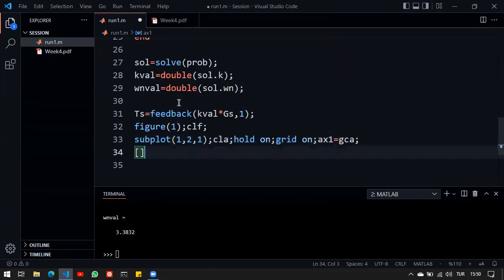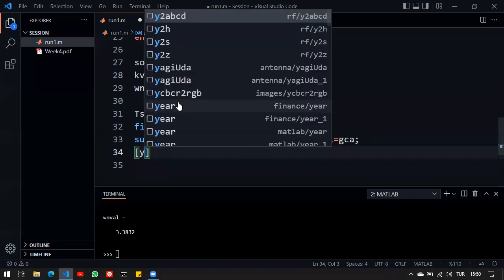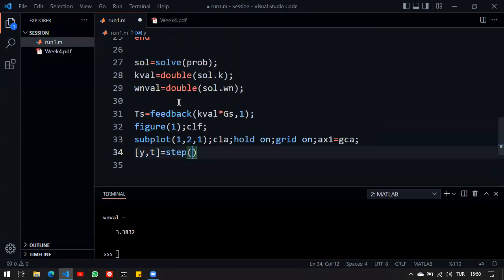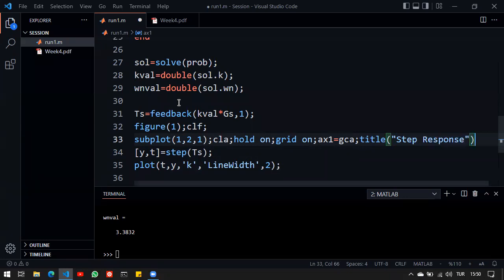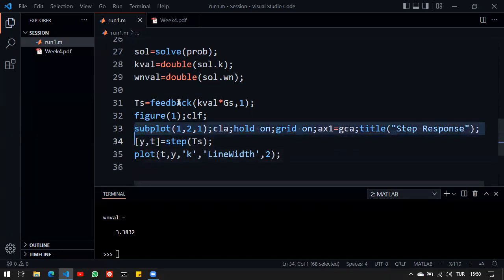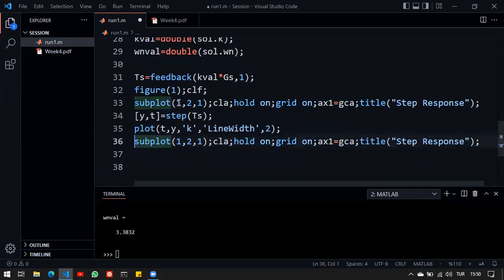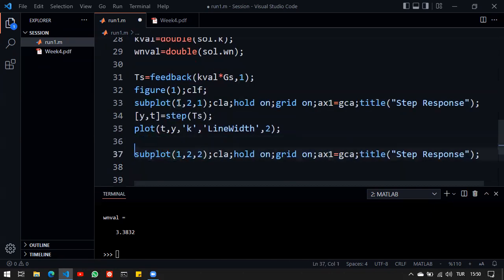So let's calculate what the step response looks like. Of course, we can also change the title here. Step response. But again, as I've mentioned, I'm going to look for the root locus.